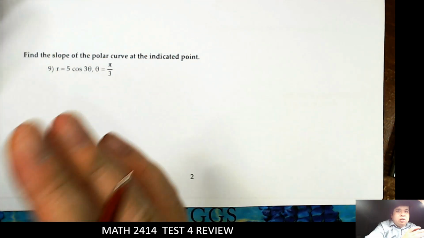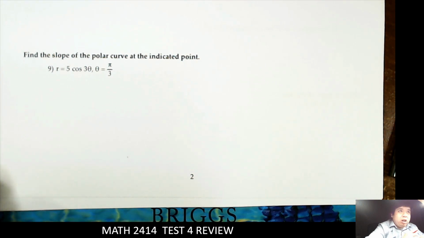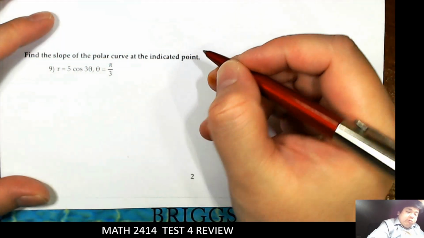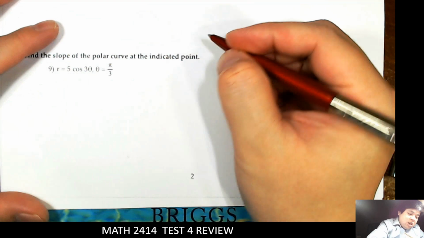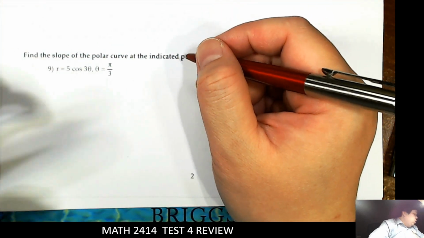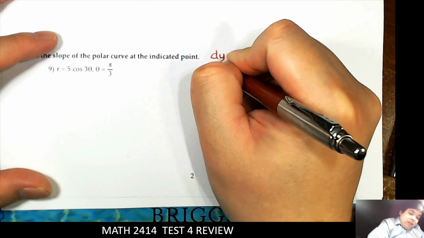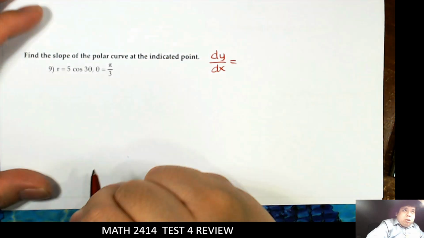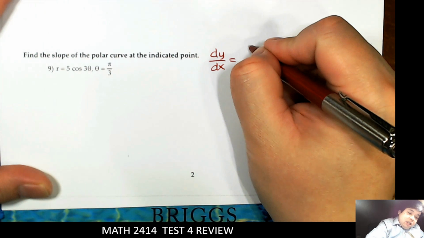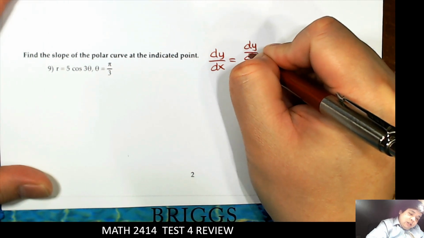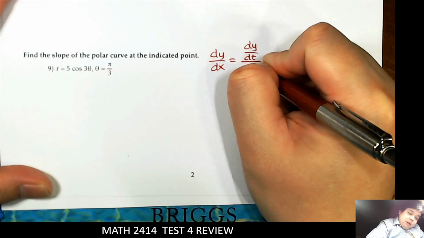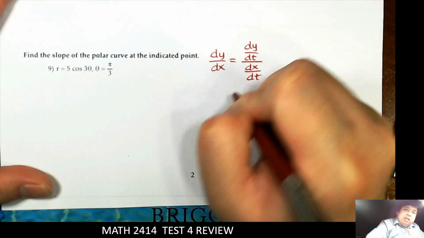Alright, now we find the slope of this curve. There's a formula for it, but it's not worth memorizing. We just derive it from scratch, just like number 4 we did before. dy over dx, the slope, can be written as dy over dt divided by dx over dt.